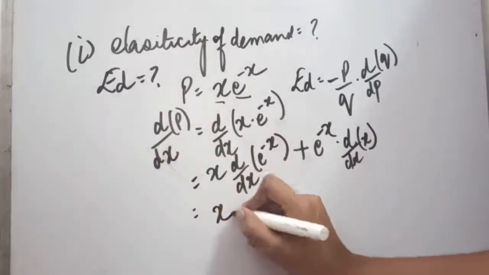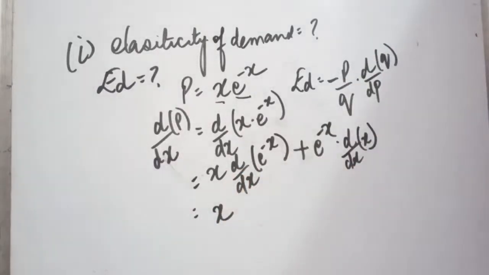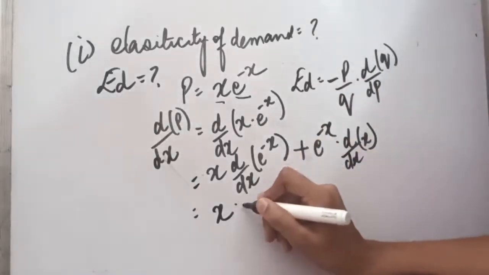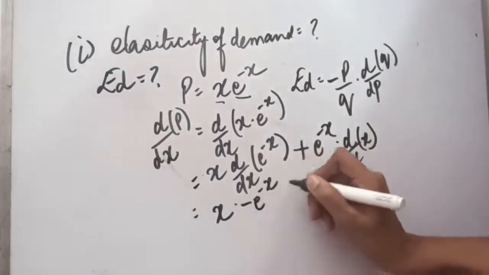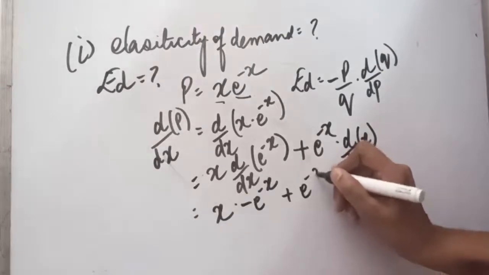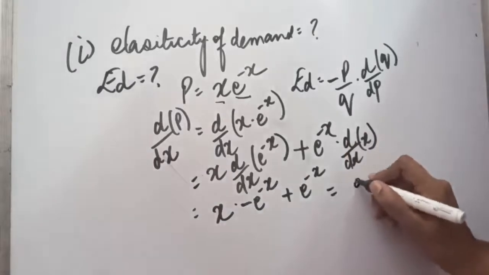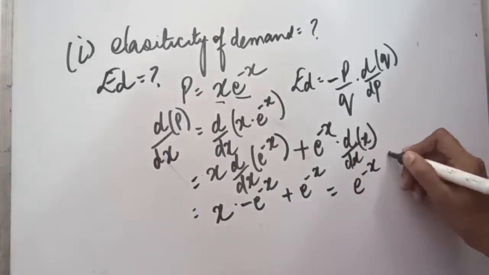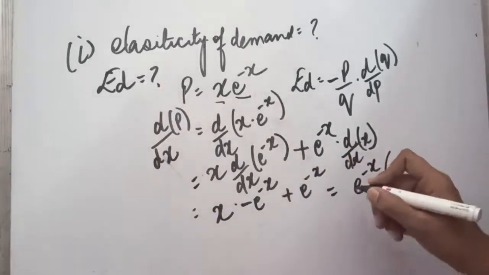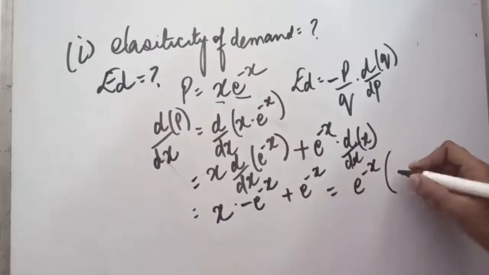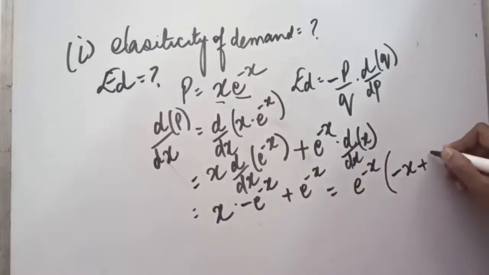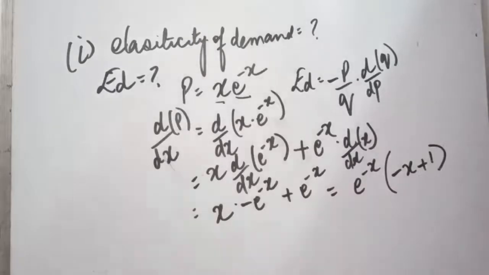So x will be like this, and derivative of e raised to power minus x is minus e raised to power minus x, plus e raised to power minus x will be as it is, and the derivative of x is equal to 1. So if we just try to take out the common factor, that is e raised to power minus x is common. So in the first case, what will be left? It will be minus x plus 1. This will be the answer.